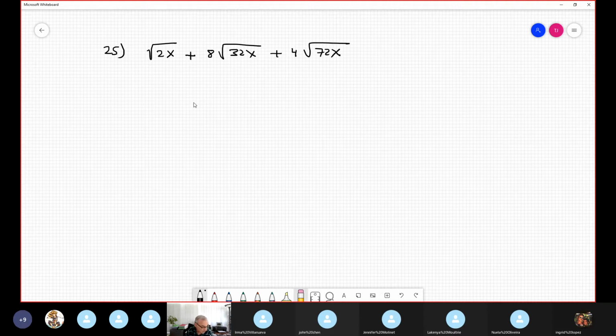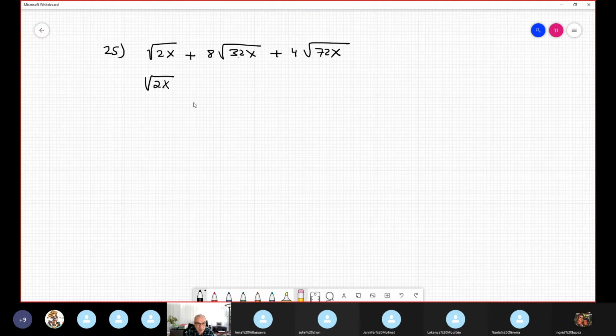They want you to simplify, assuming all variables are positive, but in conclusion, they want you to end with only one radical. So I need to simplify one by one separately. The first stays the same, because 2 is prime, and x is just x. You cannot do anything in the first one. And the second, maybe yes.